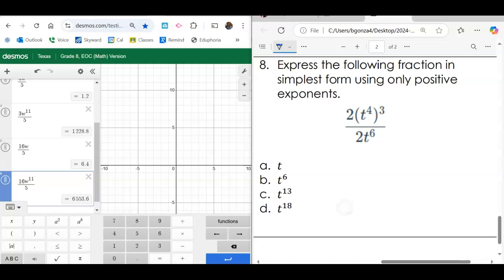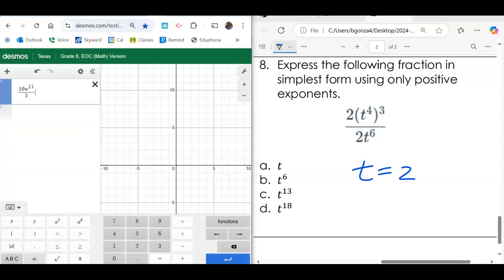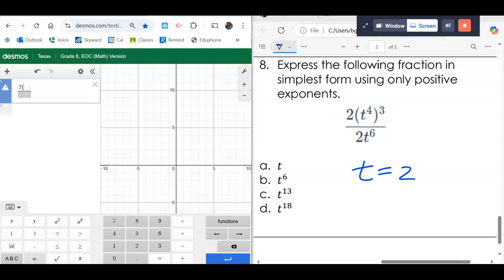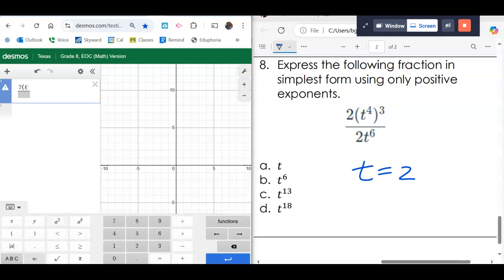Let's look at 8. Letter T is the only thing here, so I'm going to say T equals 2. So let's type in 2T to the power 4.